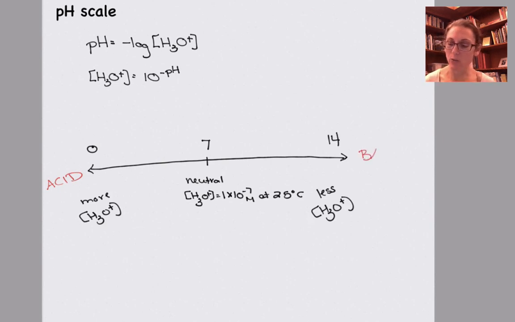So a basic solution will have a pH higher than 7 at room temperature, 25 degrees Celsius. For the record, you can have pHs that are negative, and you can have pHs above 14. But most day-to-day things fall within that 0 to 14 range in terms of their pH.